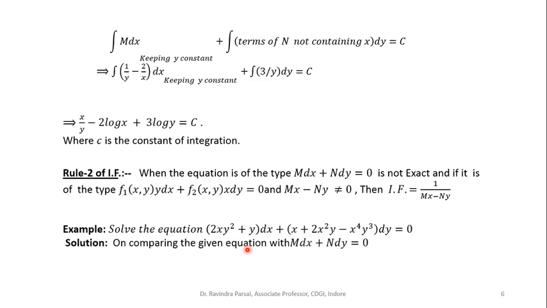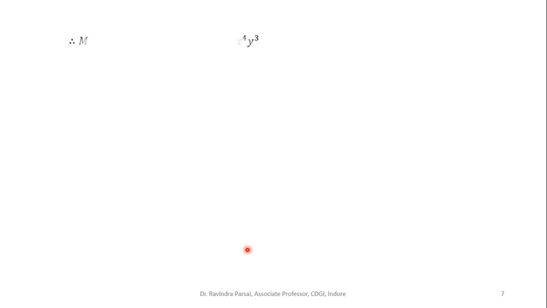On comparing with these standard forms, first checking the exactness condition, m equals 2xy square plus y and n equals x plus 2x square y minus x y cube. Please differentiate m with respect to y and n with respect to x.